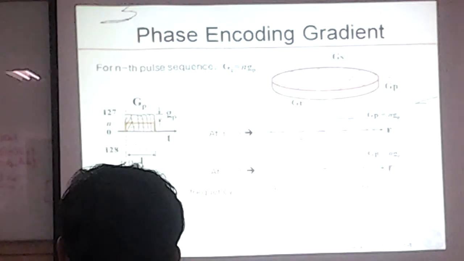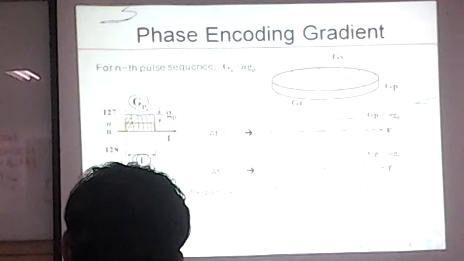For fixed field intensity, by fixing the gradient strength GP, the variation of pulse width can be applied for the phase encoding. And for fixing the duration of the gradient waveform, we change the intensity of the gradient strength.